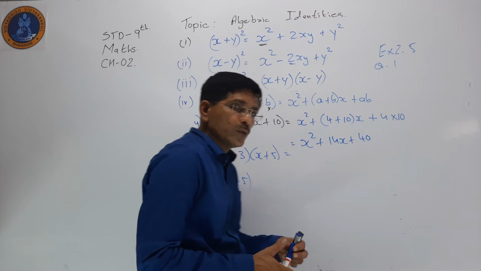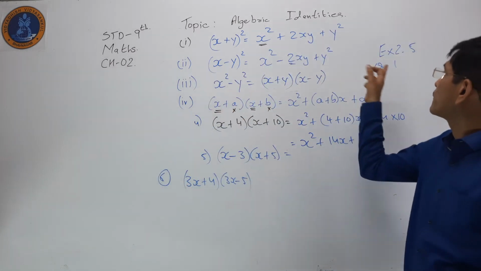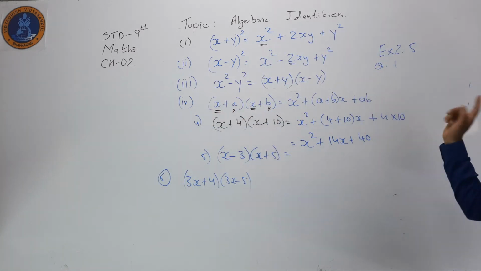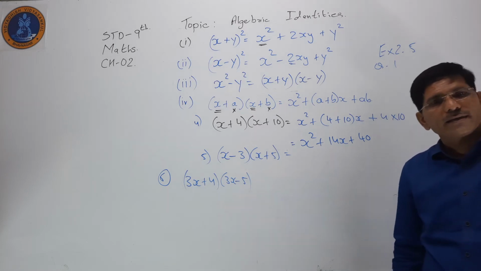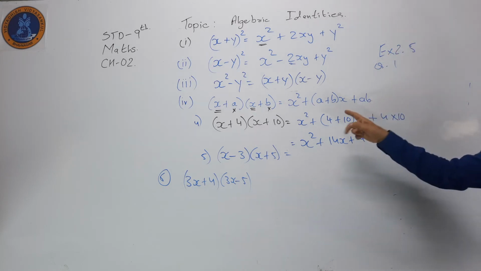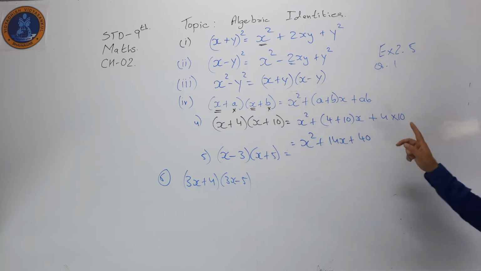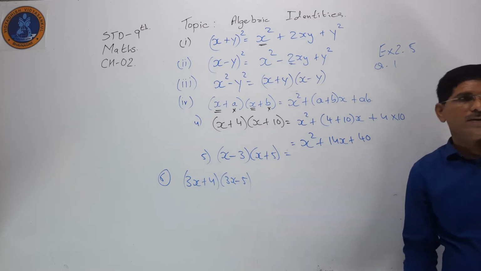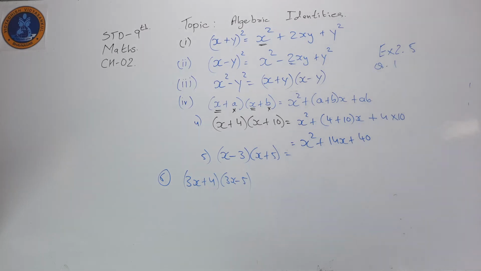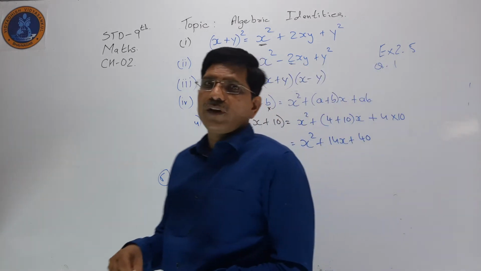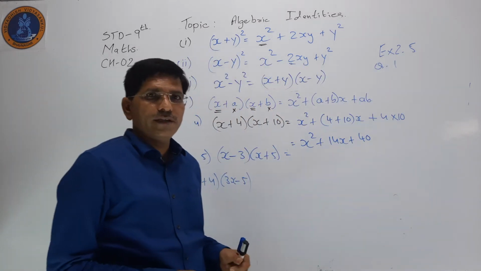So I am doing exercise 2.5, and in question number 1 these two sums are already here, and by using the above four identities, the fourth identity is suitable here. Already I have explained one sum. Now you have to try these two sums yourself. How many have given the answer of it? Anyone get the answer of it?